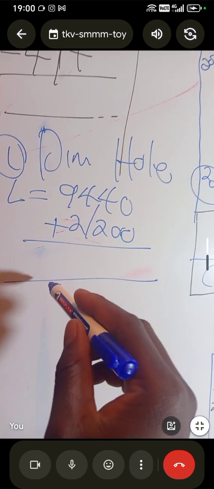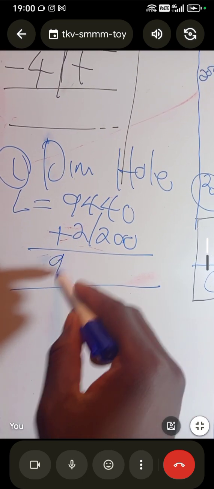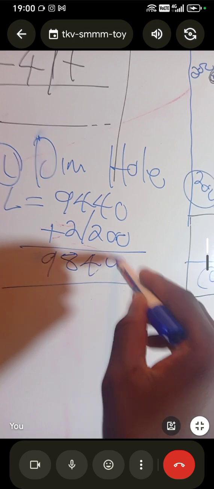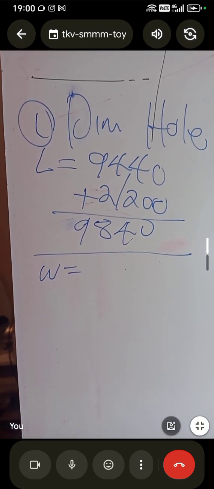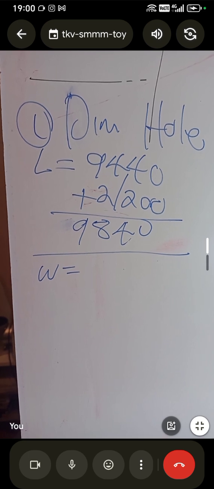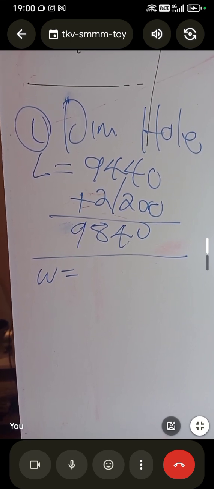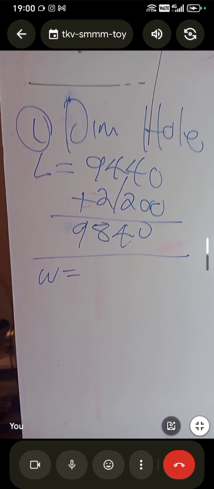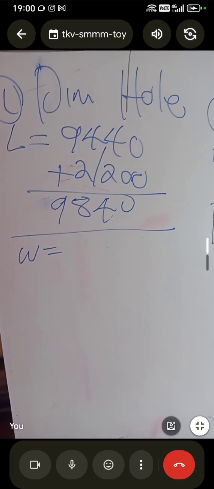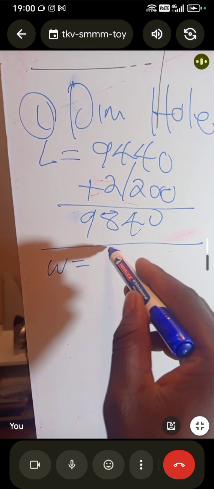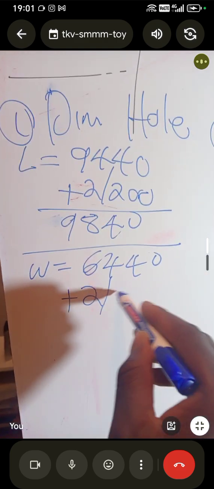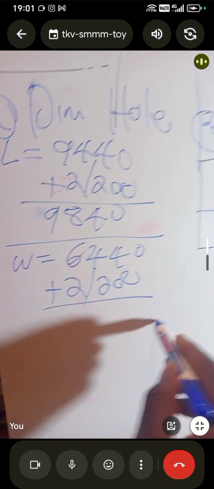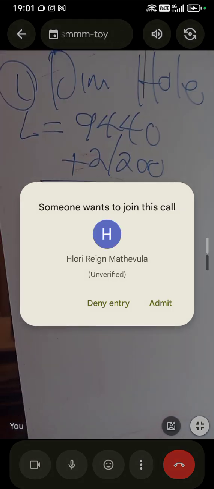9,840. So on the width also it's going to be what? Width. It's going to be what? 6440 plus 2 of what? 200, which is going to be what? 6,840.